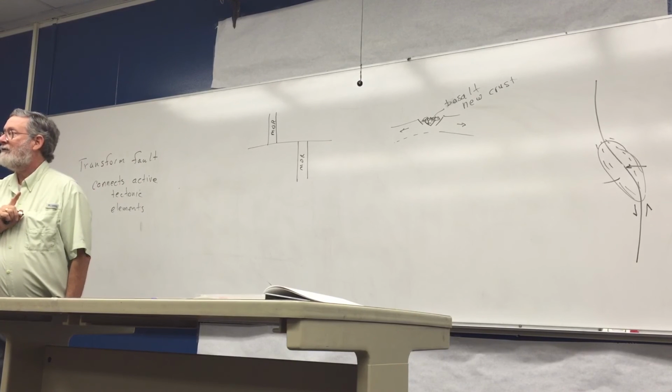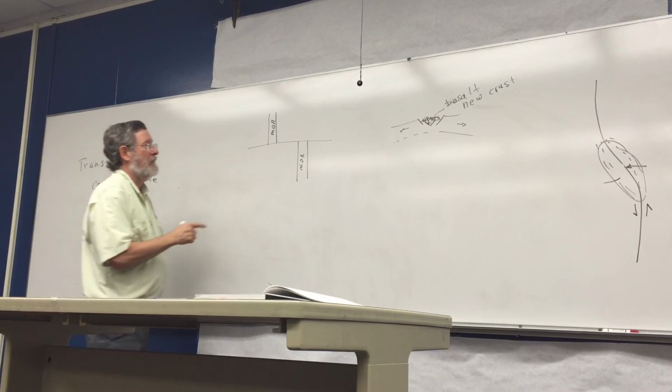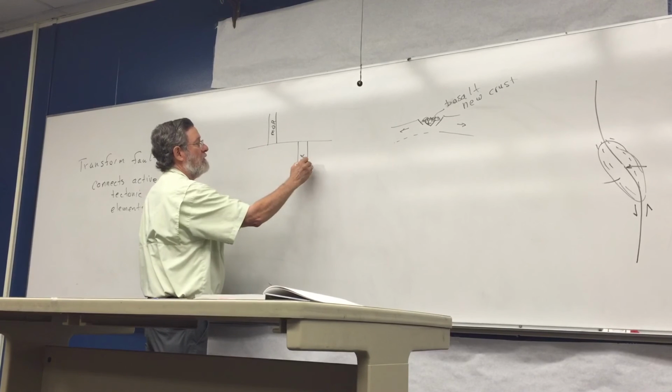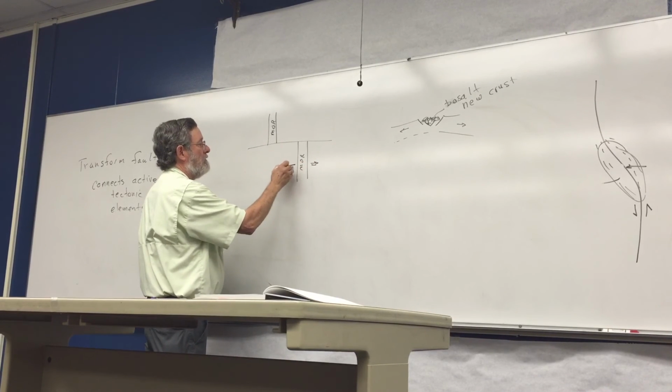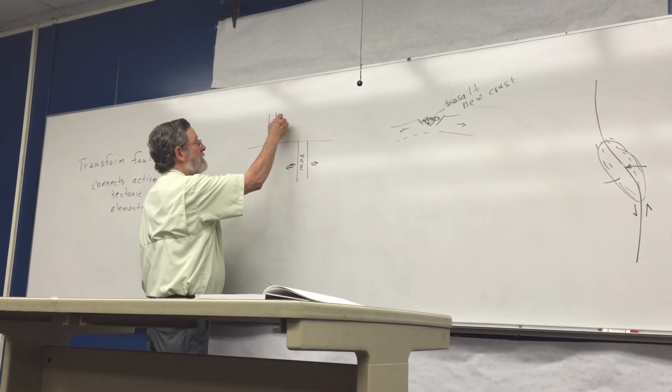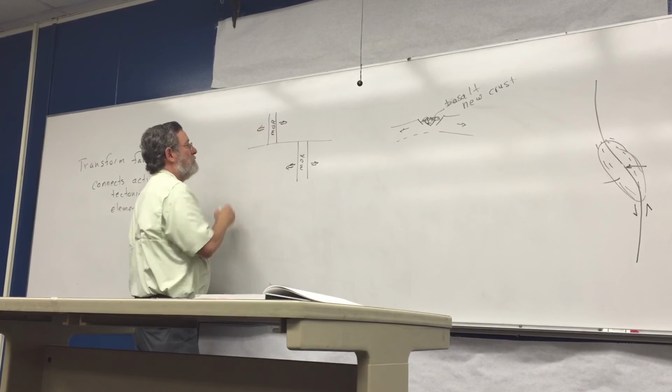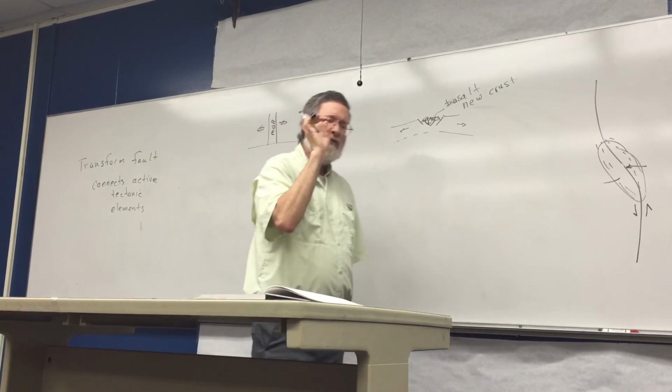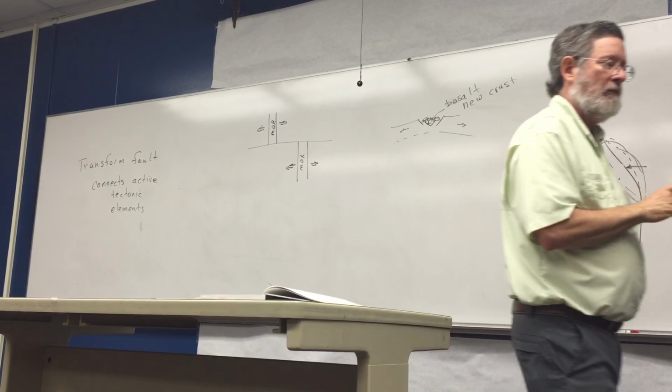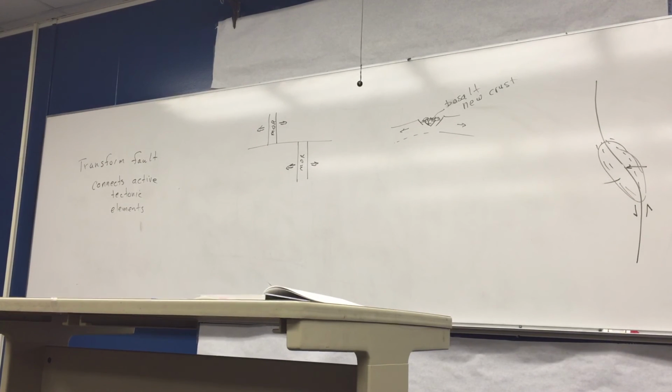Here we have something intriguing. If we look at this, that's moving that way, this is moving this way, that's moving that way, that's moving that way. If we just look at the geometry, you would be very tempted to say this is the left lateral system. But it's not. This is a transform.